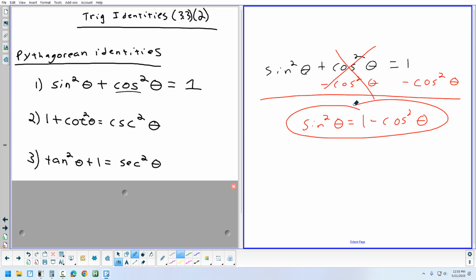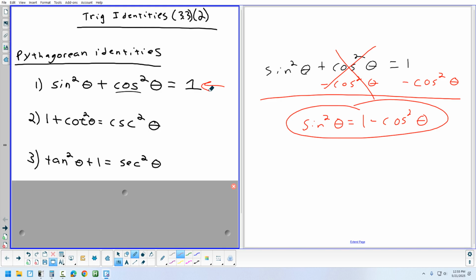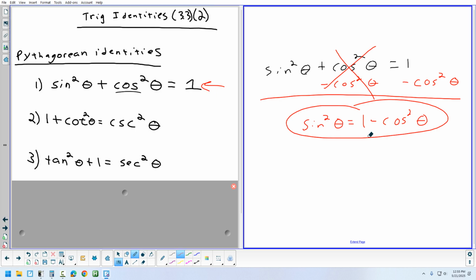Okay, and same with these other ones. You could take this cotangent squared, subtract it, put that on the right. So when we use Pythagorean identities, sometimes we have to look for one of the identities that we know, but rearranged a little bit. Any question on how that is the same as that?